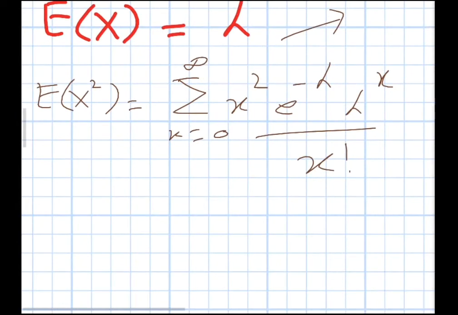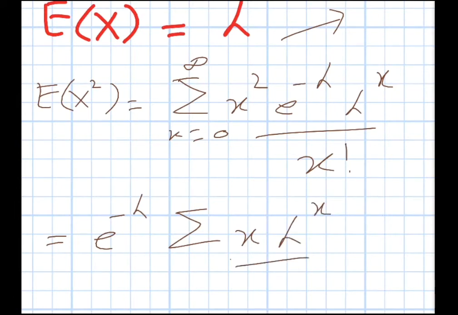Now what we do, we take e to the minus lambda outside, and then we take x times lambda to the x over (x minus 1) factorial, where we have absorbed one x into the x factorial here, and the limit goes from 1 to infinity because we have (x minus 1) factorial.